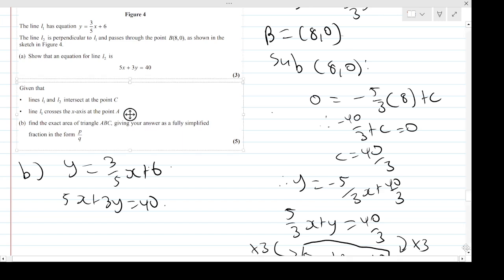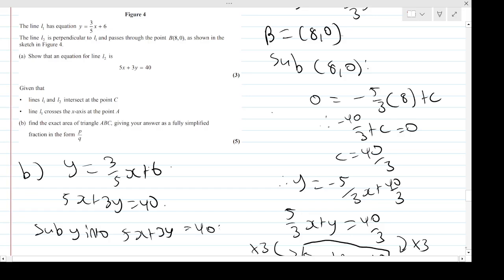That would mean they equal each other because they intersect at that point. So I can substitute the top equation for y into the other equation. I'm going to sub y into the equation 5x plus 3y equals 40.